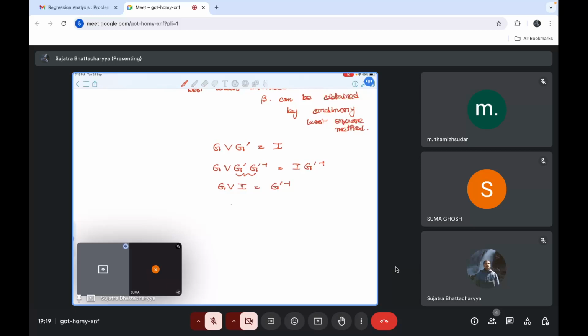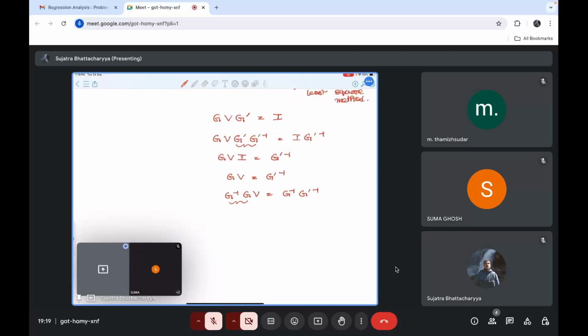Now the GV becomes equal to G prime inverse. Now pre-multiply with G inverse. So it will be G inverse G V is equal to G inverse G prime inverse, which is I, so V is G inverse G prime inverse. Okay, so this is your V.